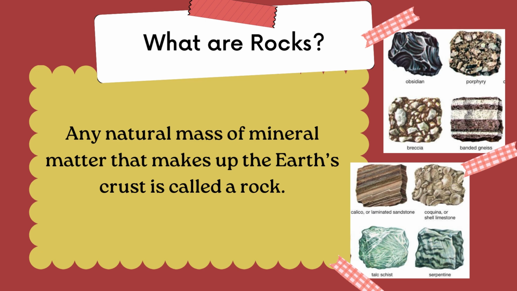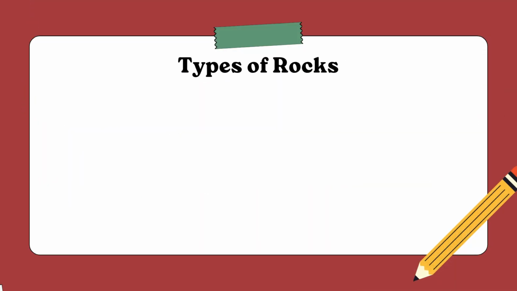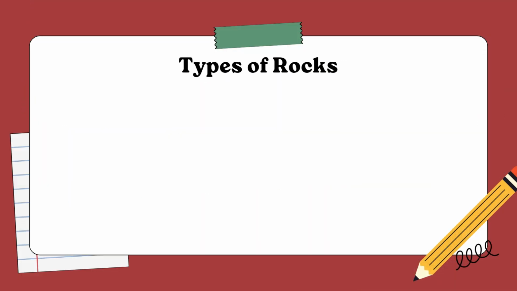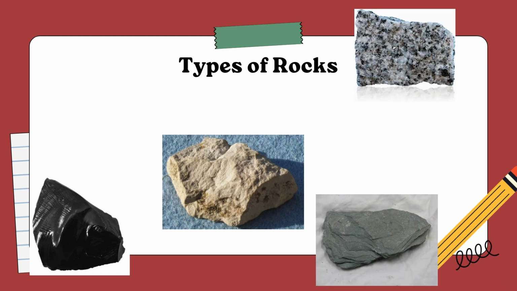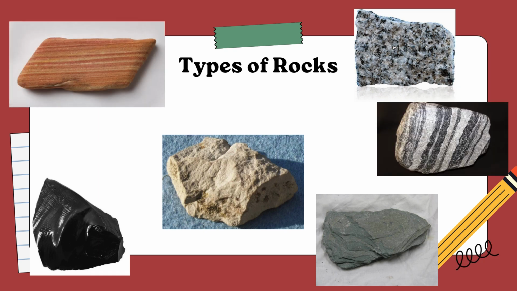Now, you must have seen different types of rocks. Some rocks look whole because they are made up of very tiny minerals, very tiny particles, and some rocks have a little bit bigger particles, or some are made up of smaller stones, and even some rocks have layers in it.